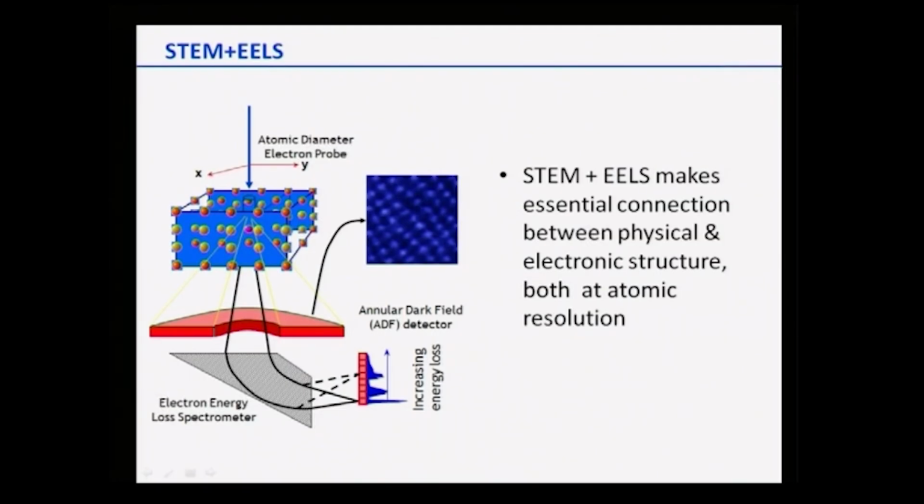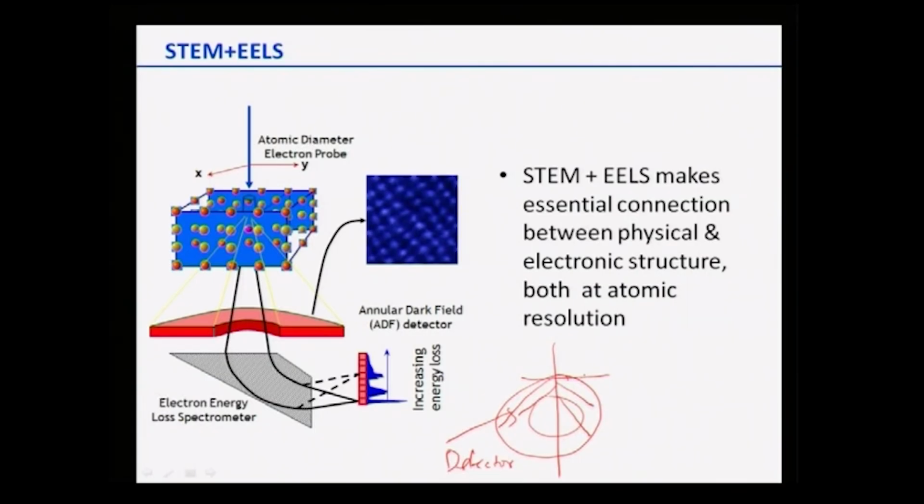Now if we apply an annular detector, like this, there is a central hole, and this is the detector. With an annular detector, I can collect the electrons scattered at different angles from the incident beam, this or this or this, after they pass through the sample. The sample is here, and I know that different atoms have different scattering power, so I can image the atoms in a high resolution microscope.